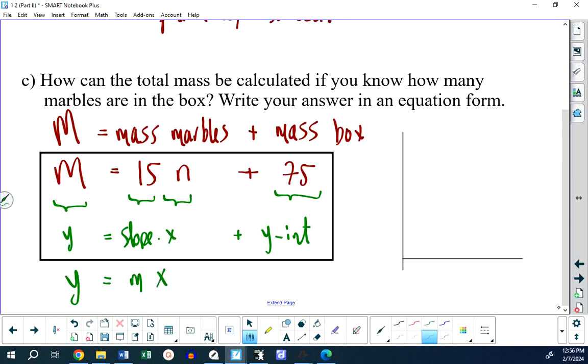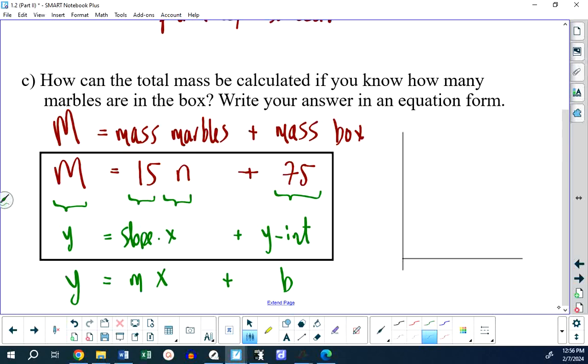Remember I said, I don't know whose brainchild it was to use m for slope, but we have to live with it. It's a weird choice for a letter. Well, somebody decided for y-intercept we're going to use b. And you will have learned about this in previous classes in high school, that b is the y-intercept.